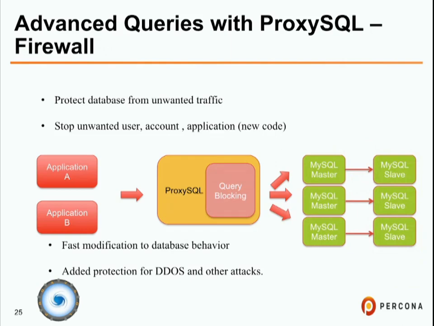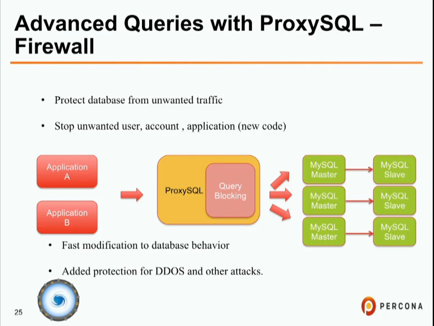Query blocking, again, this is a very interesting feature. The feature allows you to create rules specifying that certain types of query cannot be executed. Classical example, an update statement without a where clause, or a select statement without a where clause.